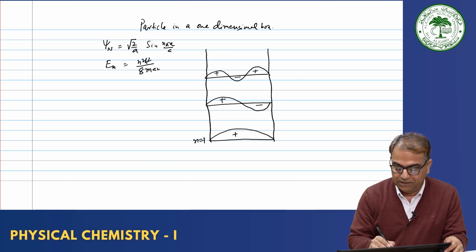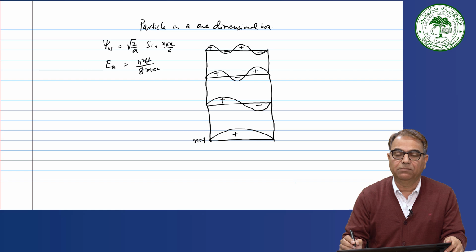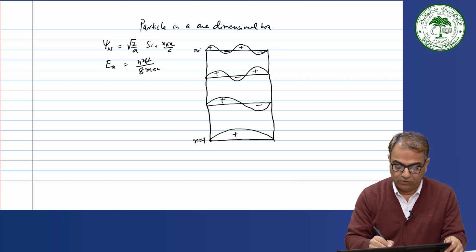And similarly we can plot for higher energy levels also. So we have three nodes: positive, negative, and again positive. This way we can plot for n is equal to 4 also.